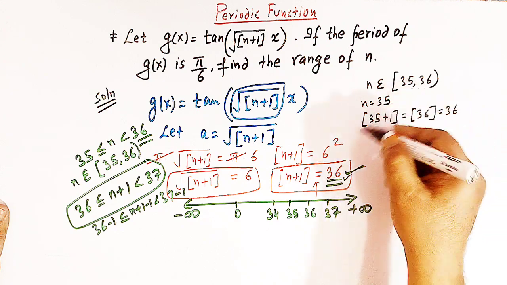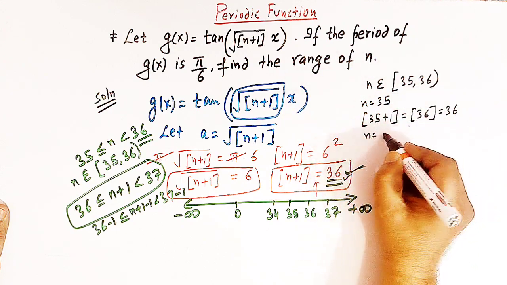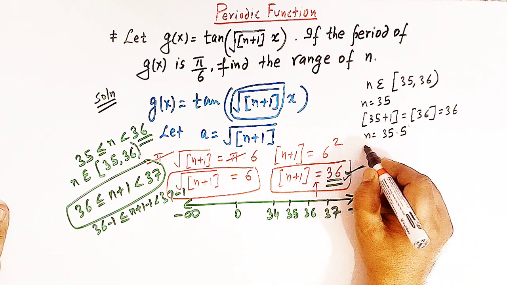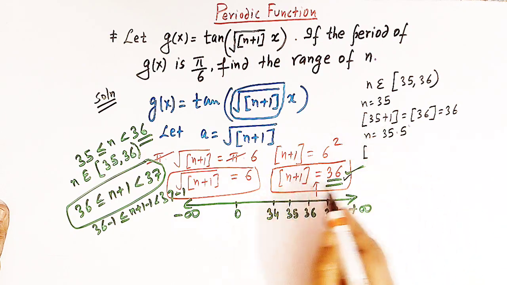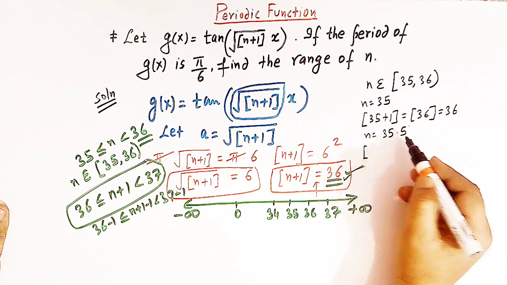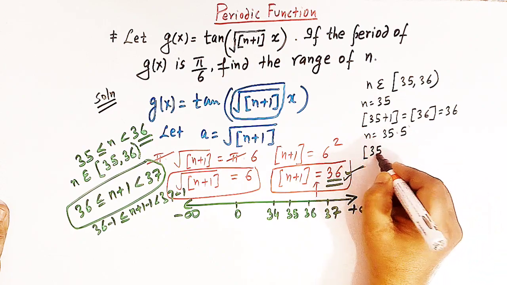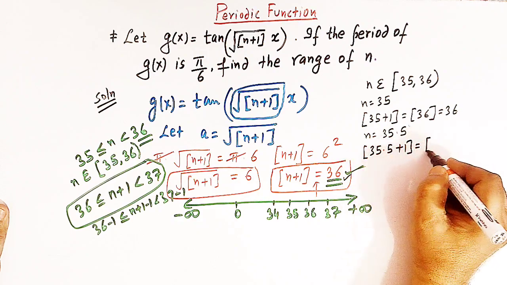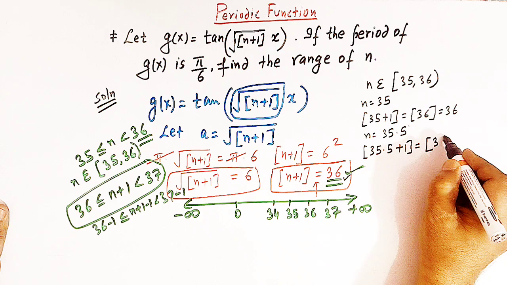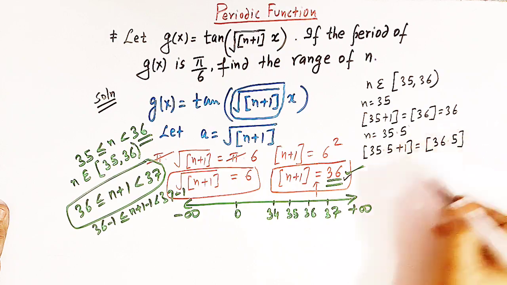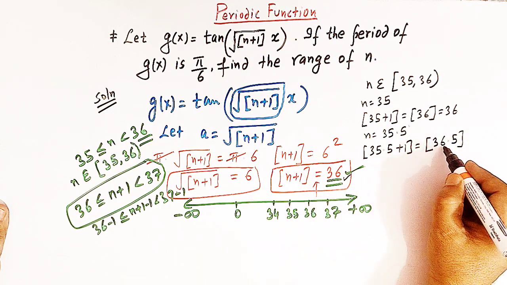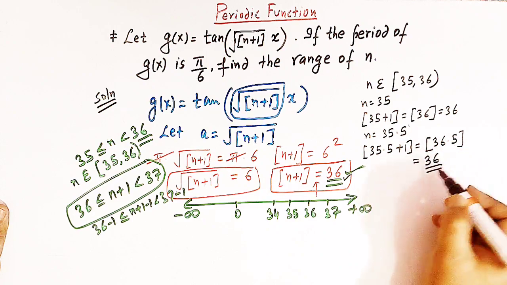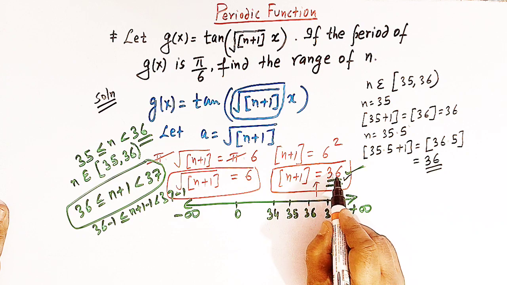Similarly, if we take any other number, say n equal to 35.5, then the greatest integer of 35.5 plus 1 is the greatest integer of 36.5, which is equal to 36, our right hand side.